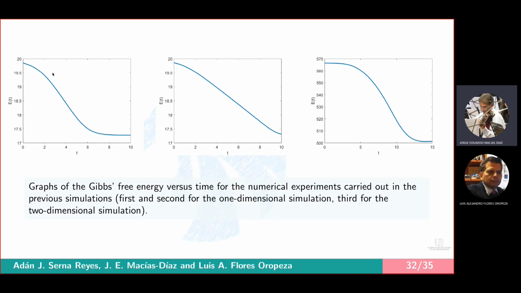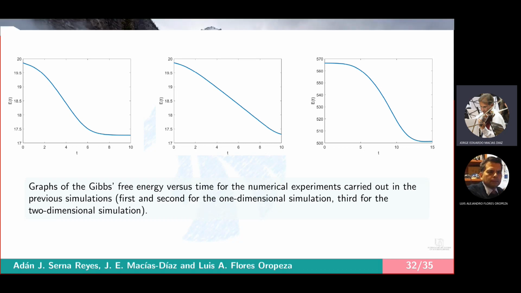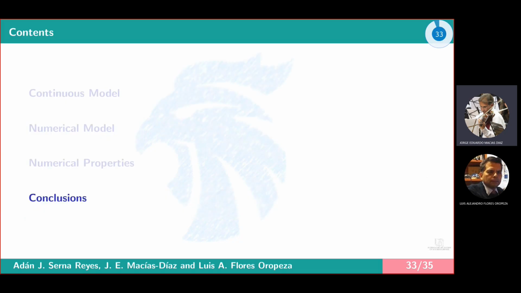Here we are plotting for those 3 cases the Gibbs free energy. And as you can see, this energy is dissipated throughout time. There were more simulations which are not presented in this presentation. For instance, we established numerically that the finite difference scheme is actually convergent with quadratic order of convergence.